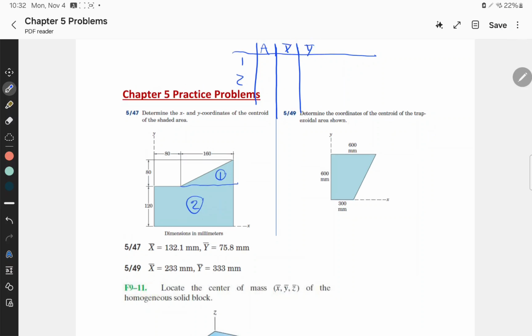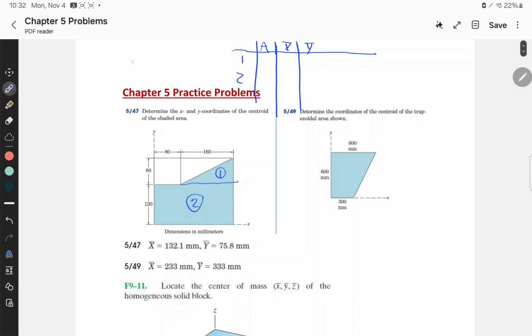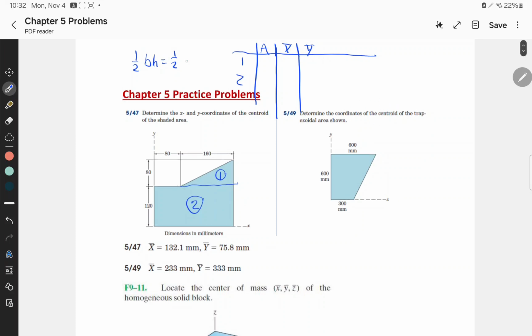In our case, the area of shape 1 is going to be 1/2 base times height. We could call this base, actually, it doesn't matter. It's a right triangle. So this is 160 times 80, times 1/2, and that's going to give us 64,000.